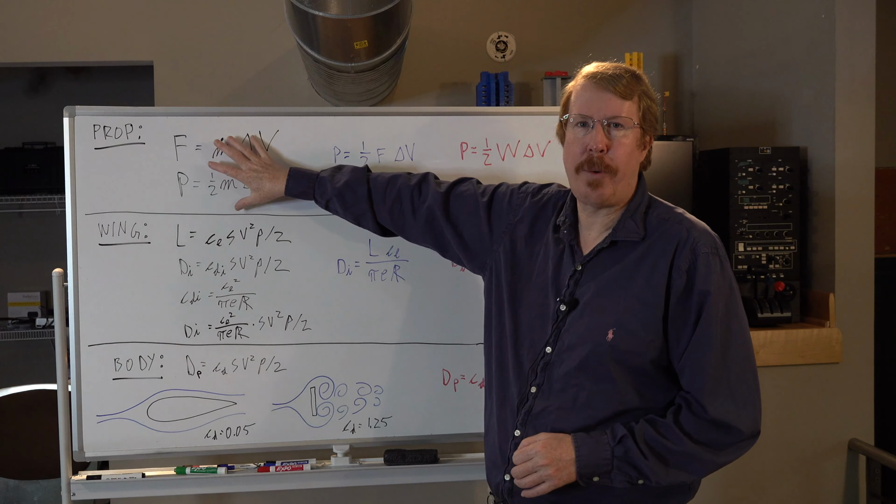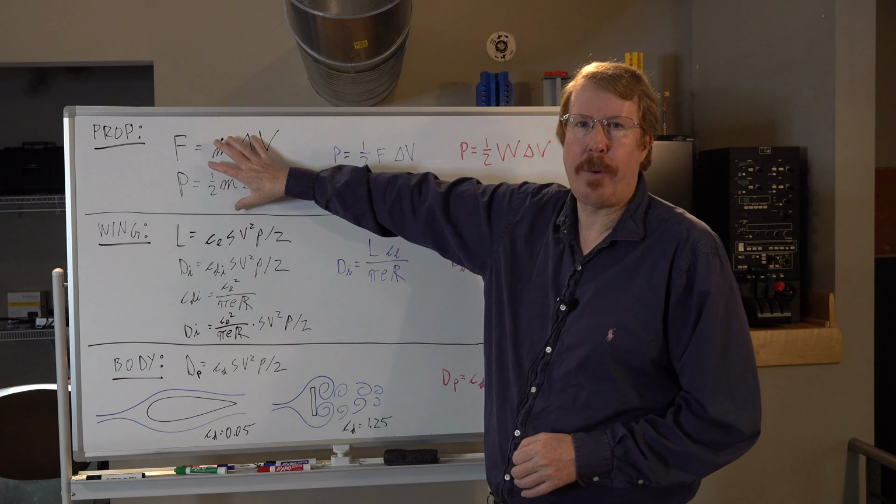And once you see what these possible coefficients of drag are and what this equation is, then parasite drag is the coefficient of drag times the body size squared times v squared times air density over 2. So these are the three equations here in red that literally govern how efficient the airplane is.